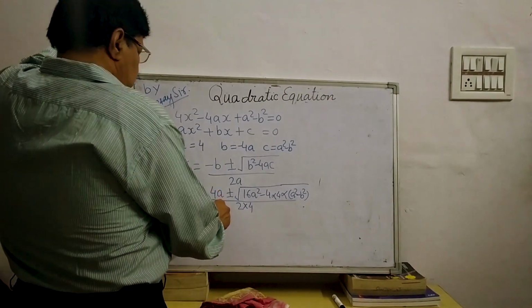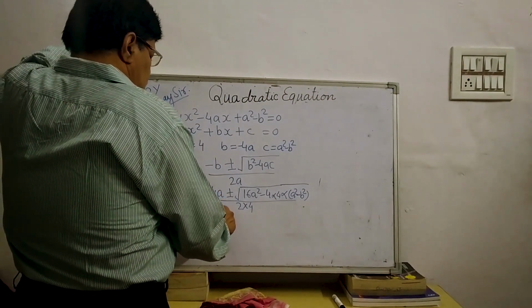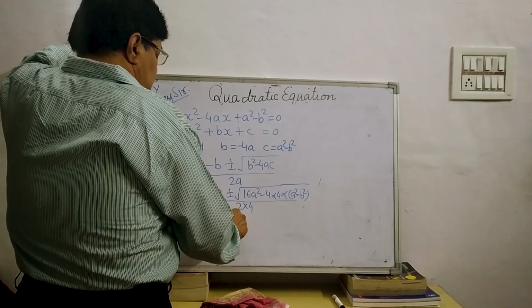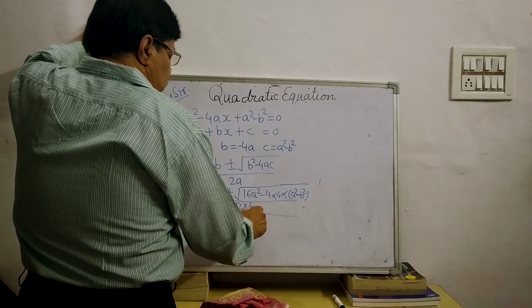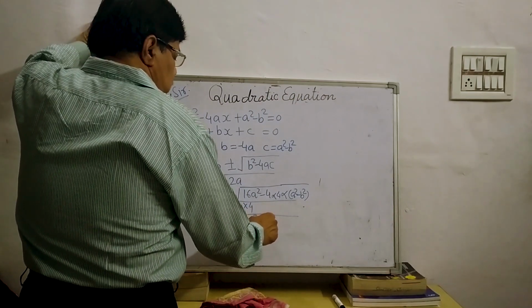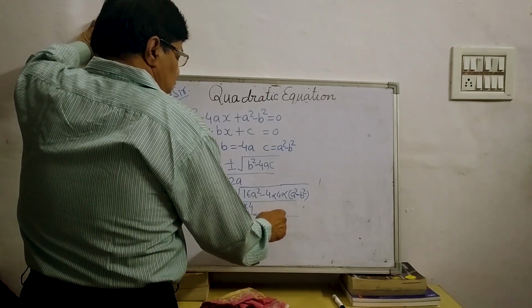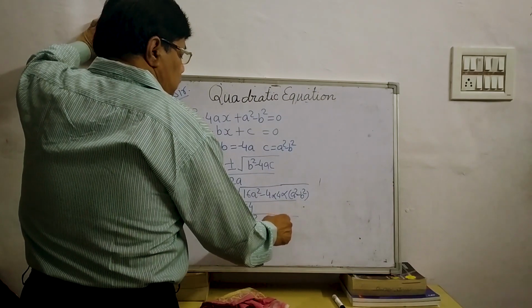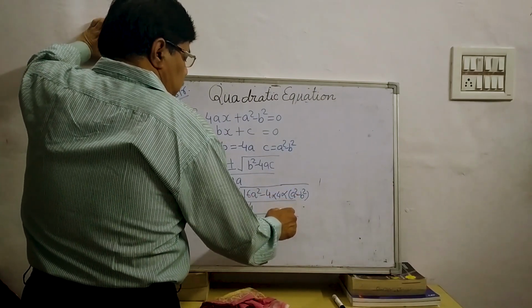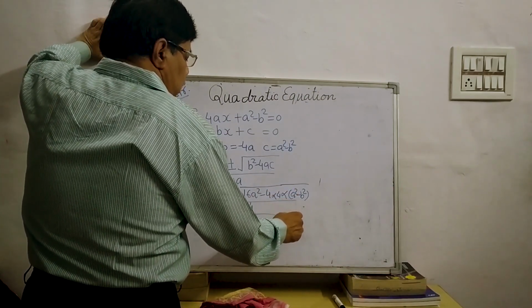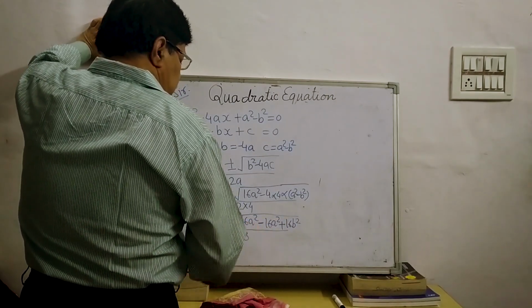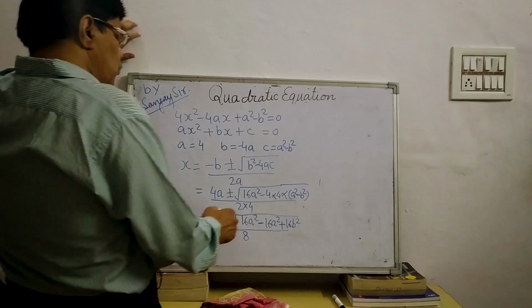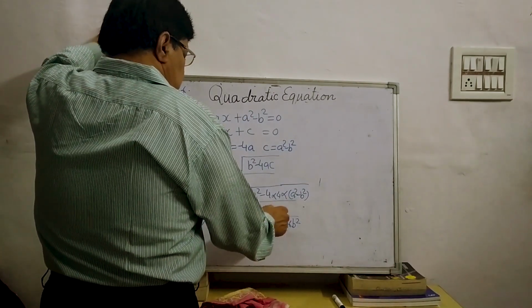Okay. Now simplify it further, so we will get the answer. What will be there? 4a plus minus under root, this is 16a square minus 16a square, plus, this is minus minus plus, so 16b square, upon 8. Clear? Now look here, it will be cancelled.